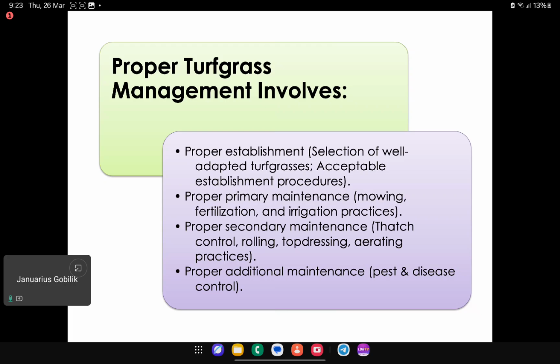And then the next one is acceptable establishment procedures. Of course, if you want the turf grass to look good, you need to add fertilizer. But at the same time you need to ensure that you do not over apply the fertilizer. If you over apply, there will be consequences to the environment, where the excess fertilizer leads to the drainage system, and if there is too much nitrogen in our river systems, it will change the environment of the river ecosystem.